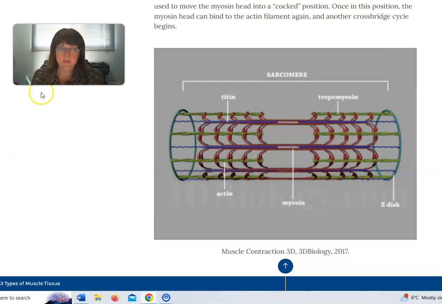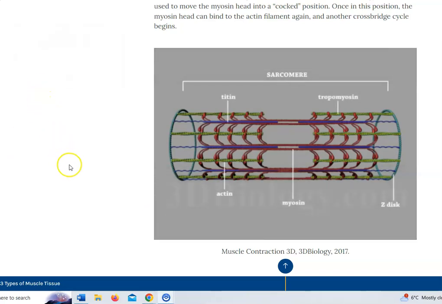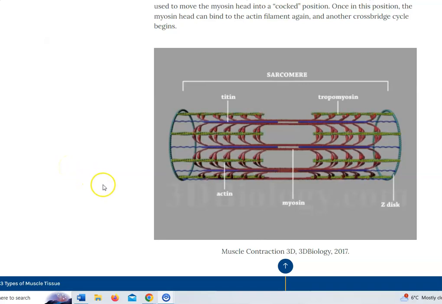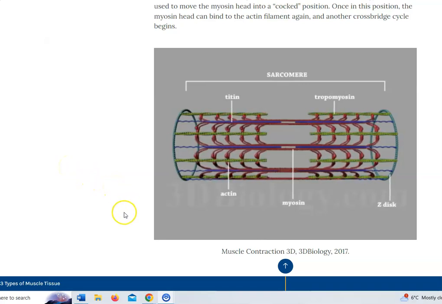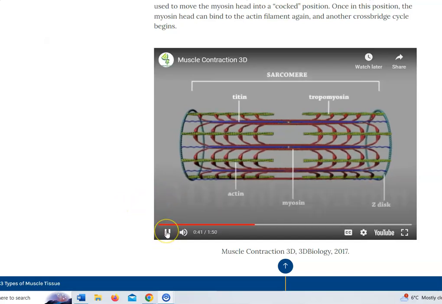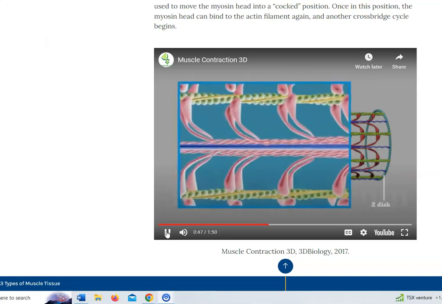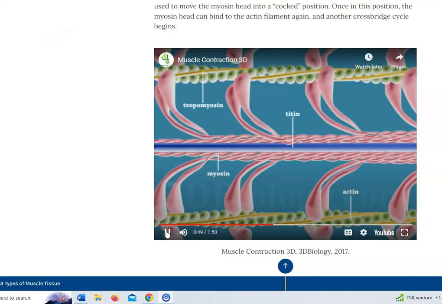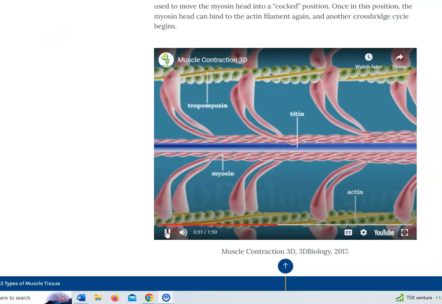Titin keeps thick filaments centered during contraction. In muscle contraction, actin filaments slide past myosin filaments. Neither filament changes in length, yet the sarcomere becomes shorter. The force required for this movement is generated by myosin heads, which make cross-bridge attachments to actin.